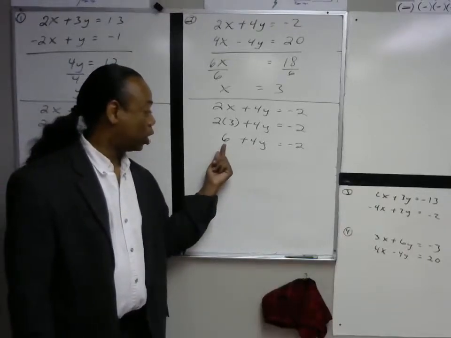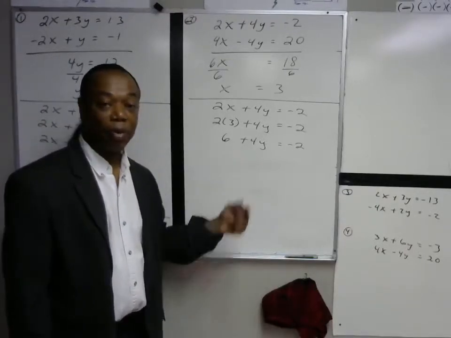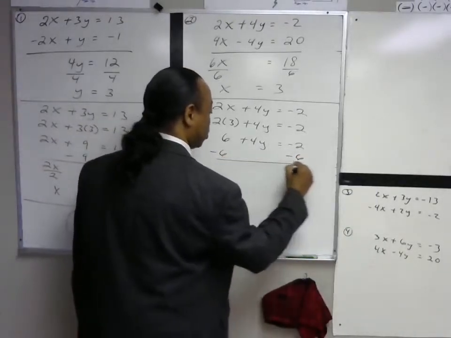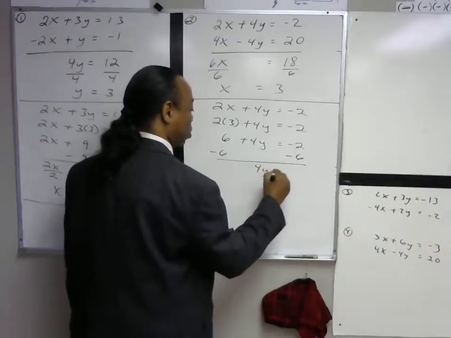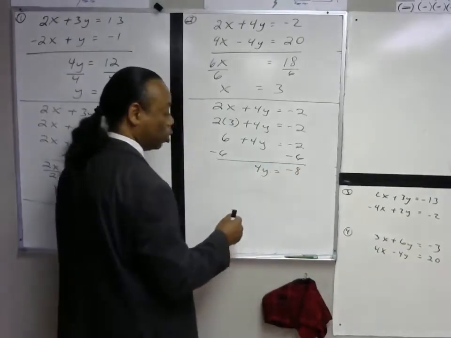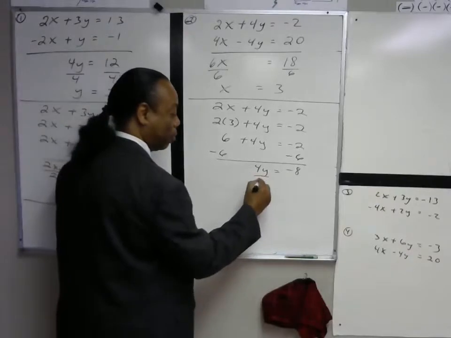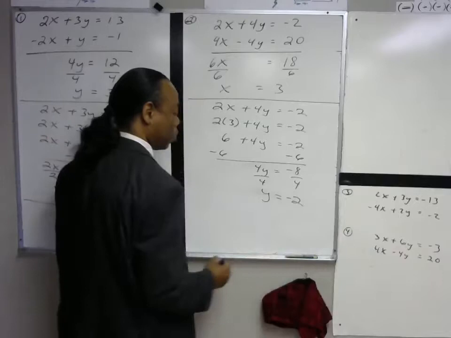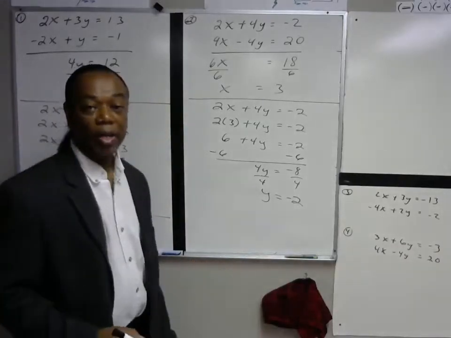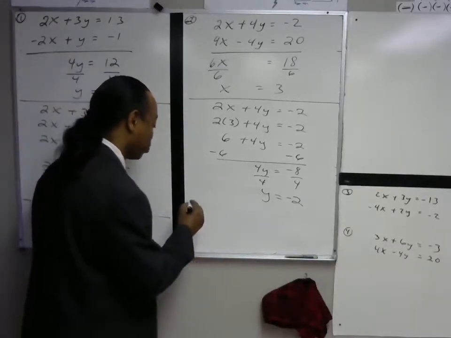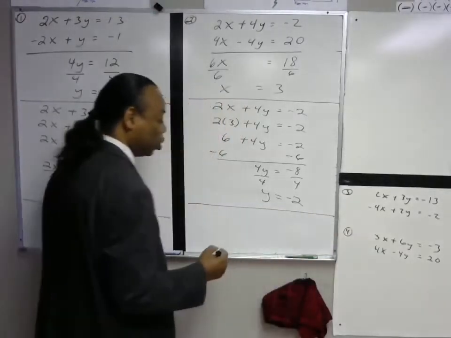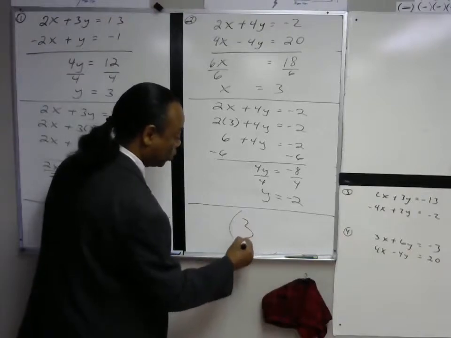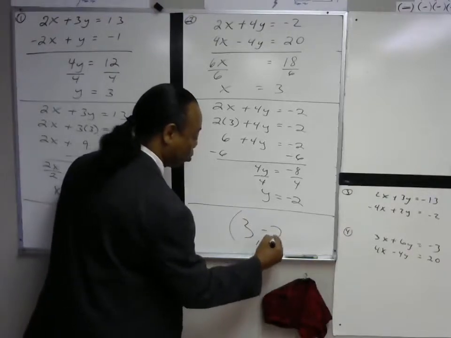Here, I want to subtract 6 from both sides and then divide both sides by 4. So 4y equals negative 8, divided by 4. We end up with y equals negative 2. So I will demonstrate the solution as a coordinate where x is 3 and y is negative 2.